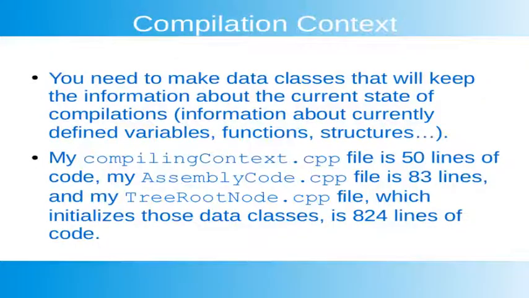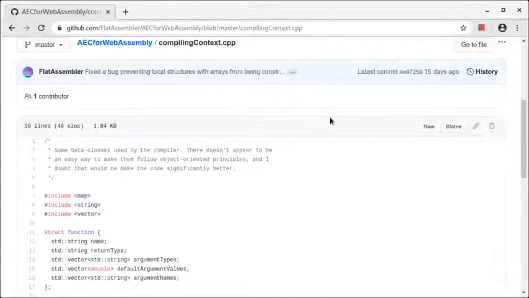Then you need to make a compilation context. You need to make data structures that will keep the information about the current state of compilation, information about currently defined variables, functions, structures, and so on. My compiling context.cpp file is 50 lines of code.